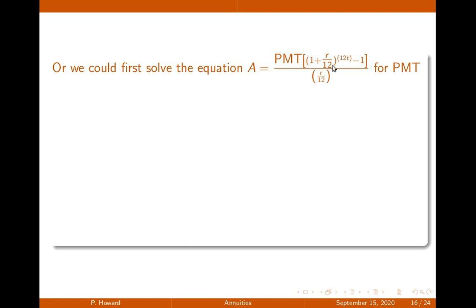And I want to get rid of this multiplier on the right, this thing in square brackets, so I'm dividing both sides by that. The final result is that the monthly payment will be the ending amount times r over 12 divided by 1 plus r over 12 to the 12t minus 1.